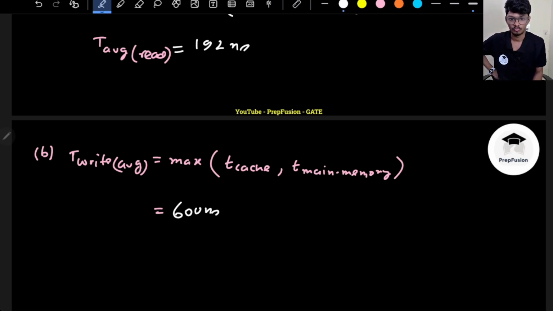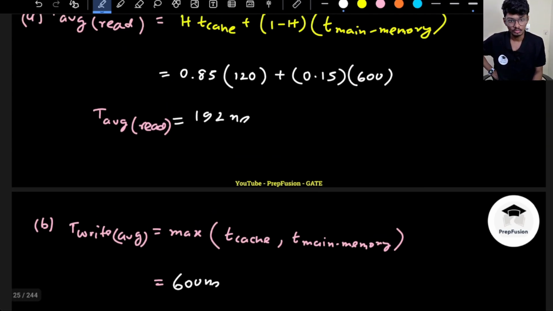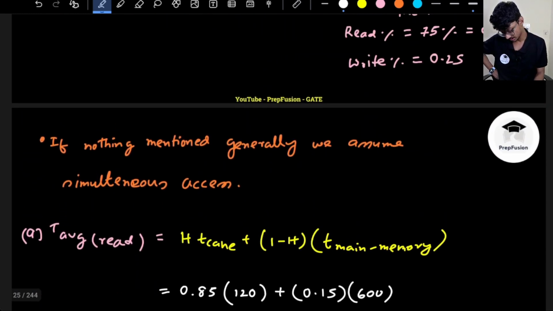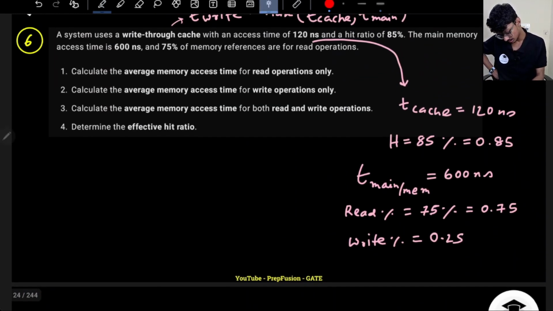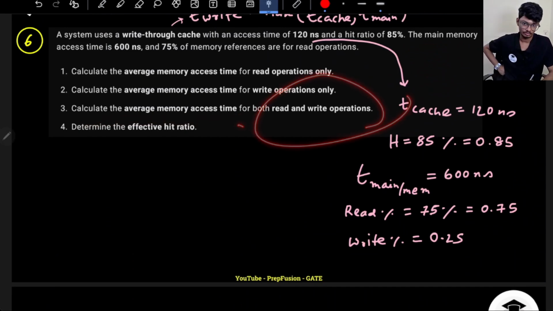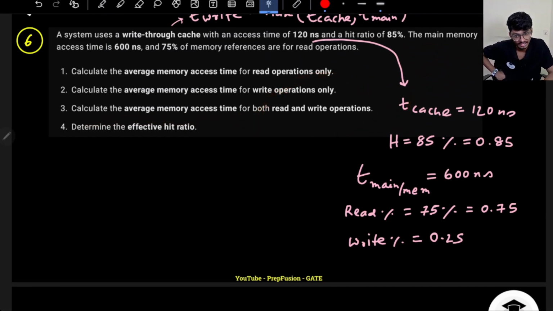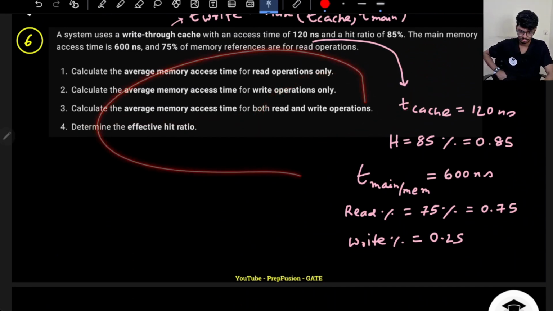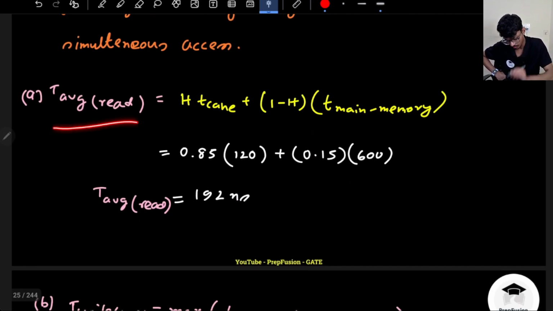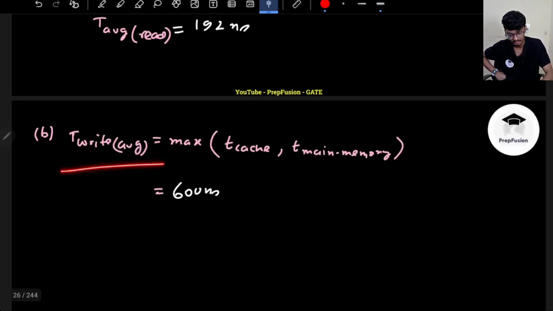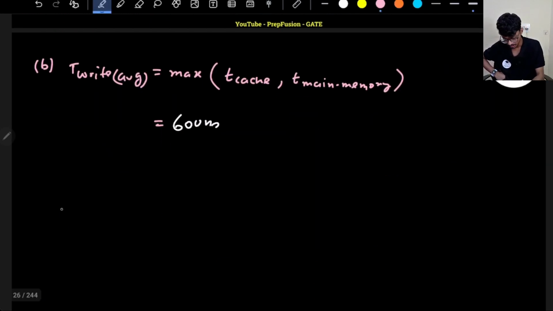Now let's read what they are asking. They are asking to calculate the average memory access time for both read and write operation. I know the average memory access time for read, and I know the average memory access time for write. Simply, I have to multiply by the read percentage and the write percentage, and that will give me the T average.